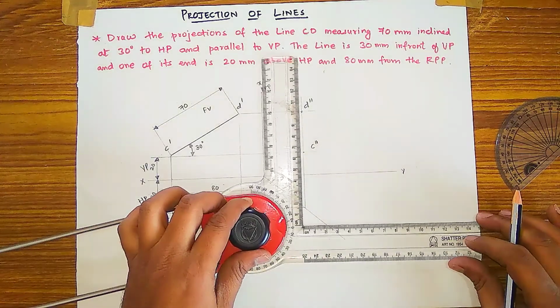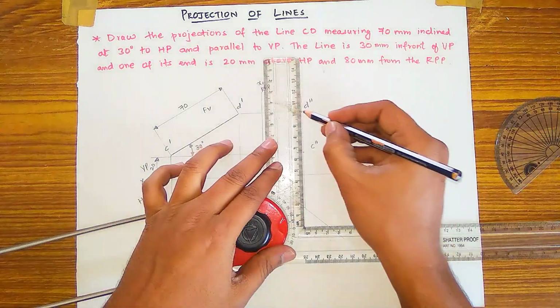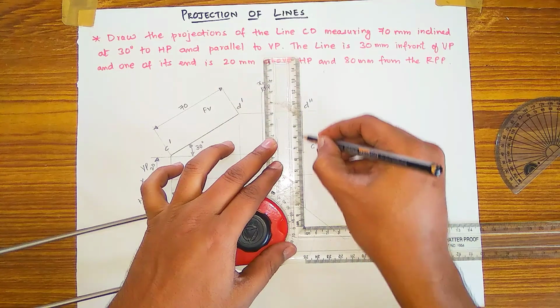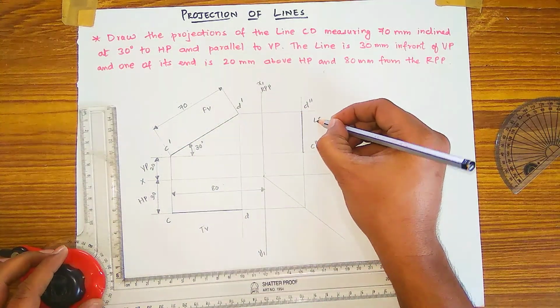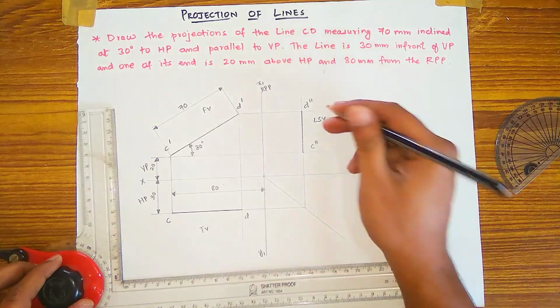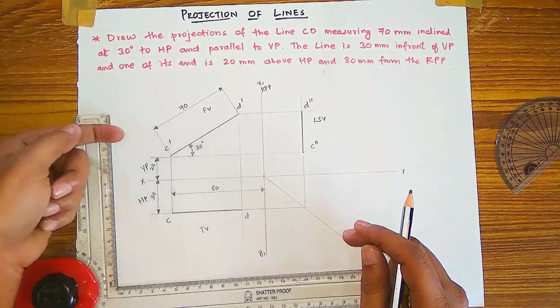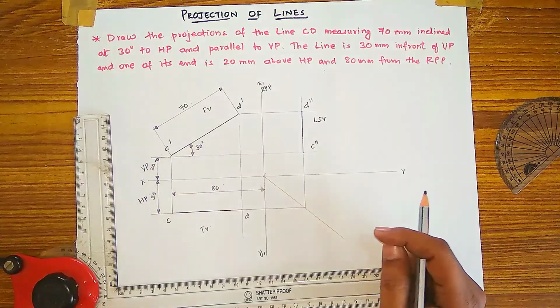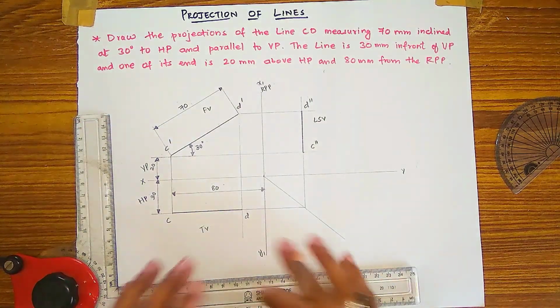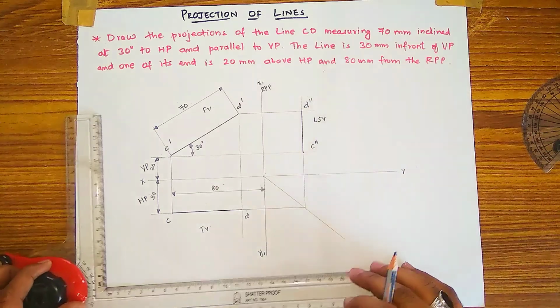In the right profile plane I have shown you that you will have a straight line. You have to darken, and this is the left side view. Why? Because you have to see the front view from the left. You are seeing from the left. That's why it is the left side view. Okay, and this is the complete solution of this problem.